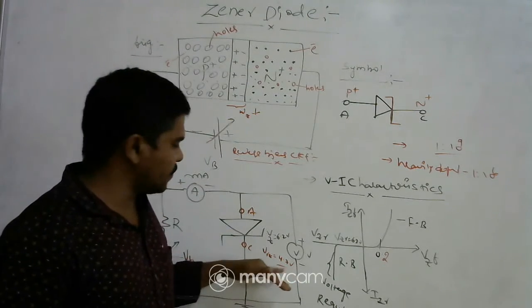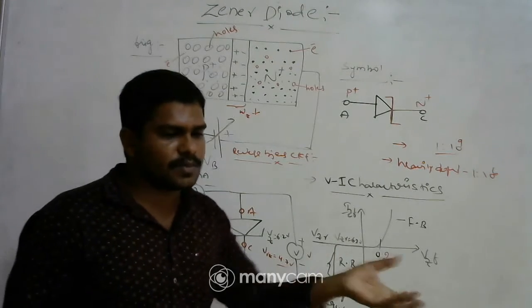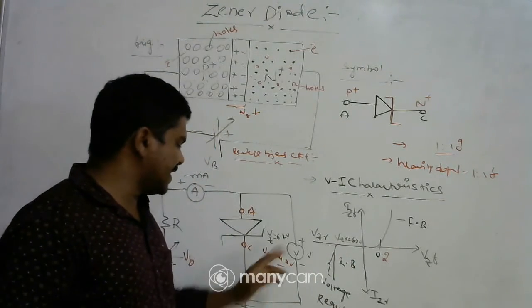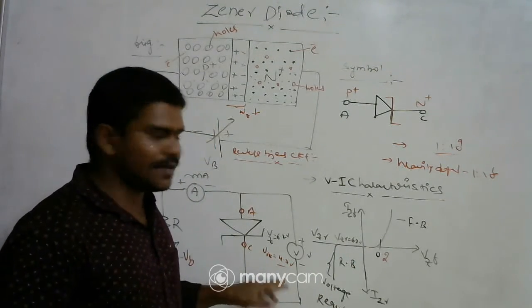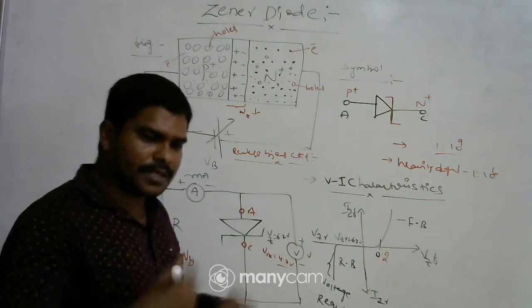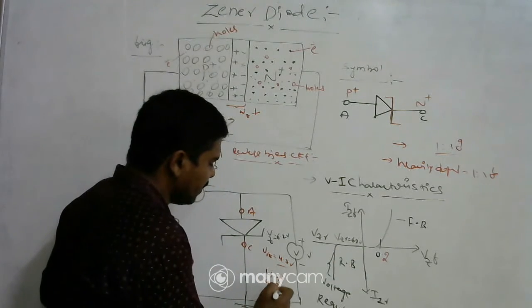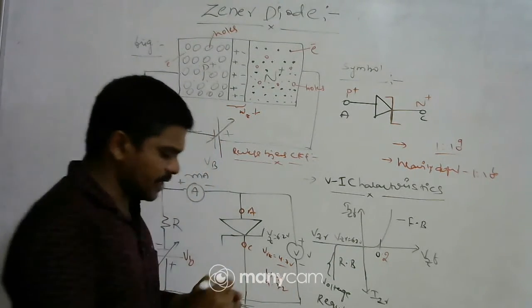After this voltage, even if you apply more bias voltage, the device voltage, when it reaches the rated value, will stay constant. After that the voltage cannot increase.